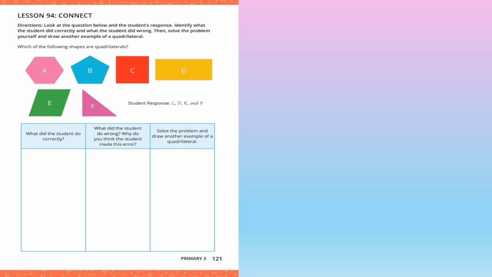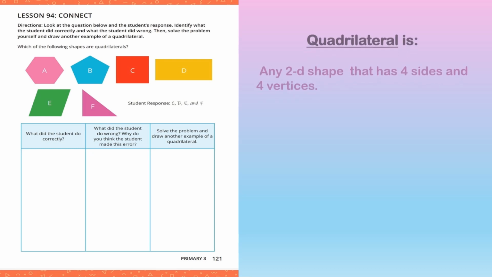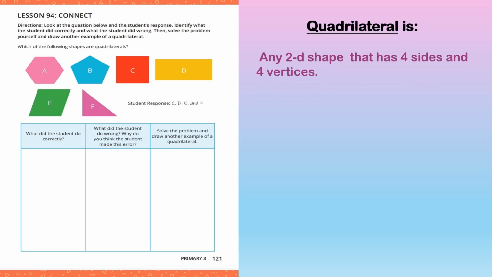Let's remember the meaning of quadrilaterals. Quadrilaterals means any 2D shape that has 4 sides and 4 vertices.